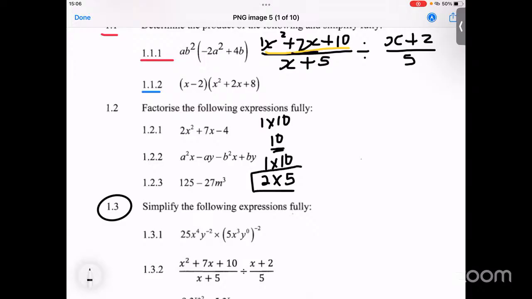And already, these are the suitable ones, because you can therefore rewrite that as x squared plus 2x plus 5x, and then you still have your plus 10 there.